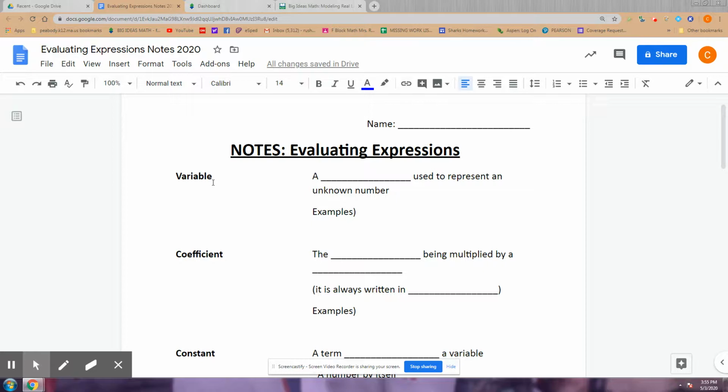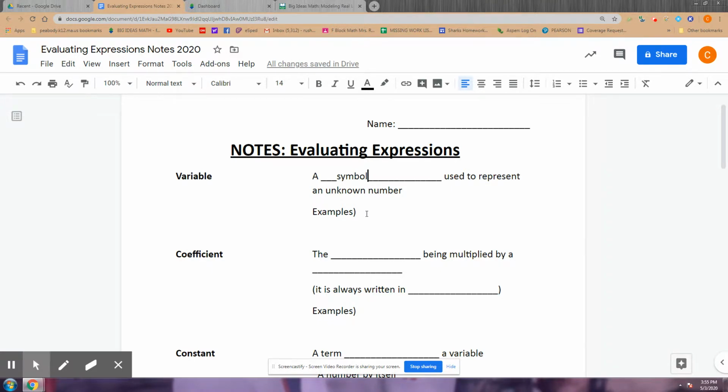The first word I mentioned last week when you were writing expressions, but it's this word right here, variable. So remember I told you a variable is pretty much like a letter in math, like a letter of the alphabet, but we can also have it be a symbol. So we're going to say a variable is a symbol used to represent an unknown number.